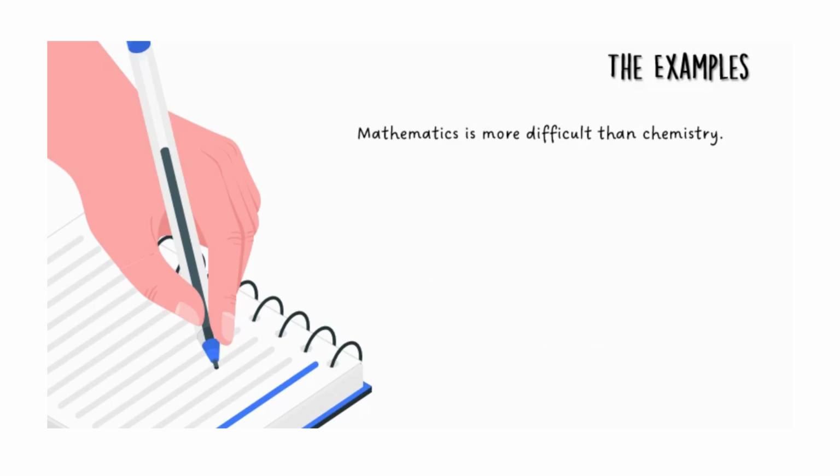The first sentence: mathematics is more difficult than chemistry. Here, we compare mathematics and chemistry. Both of them are nouns. And then we use more than to show the comparison, with the adjective difficult inserted between more and than.